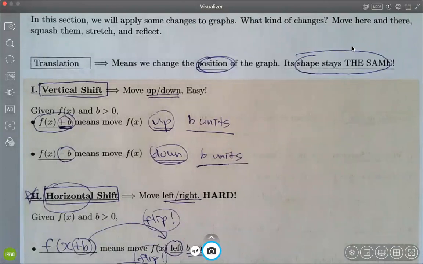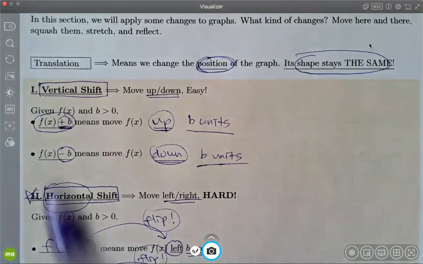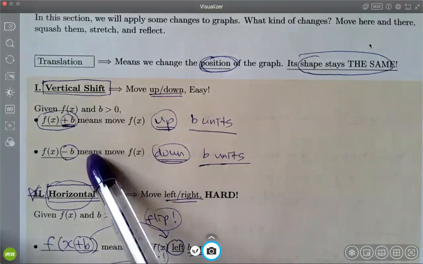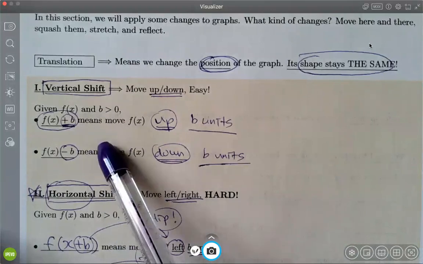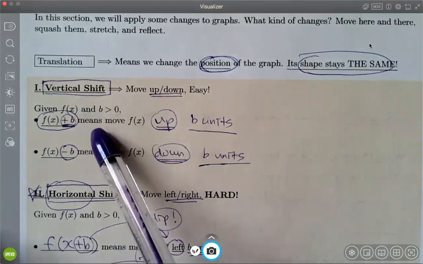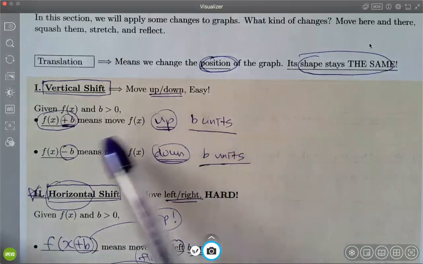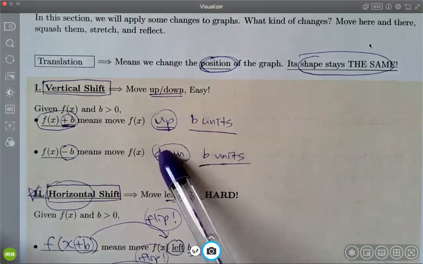Now, remember in the translation, which means we only change the position, there are two kinds, which is you move the graph up and down, which is pretty easy because you just have to add or subtract some number behind the functions, okay? So if you add something, that means you go up. And if you subtract something, you go down, okay? So it's really intuitive.